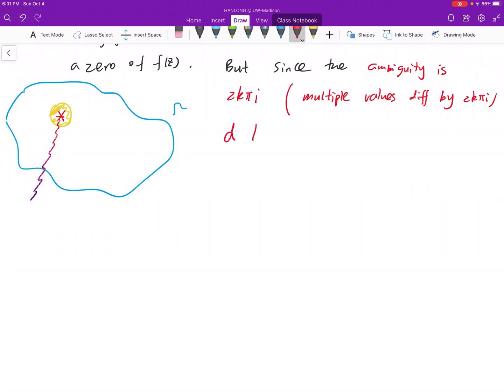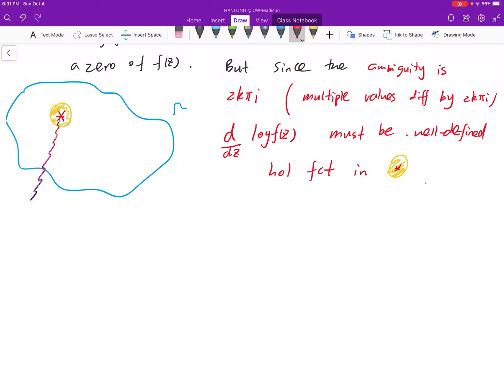So d log f(z), without the computation, must be a well defined holomorphic function in the yellow part. And you can see the difference between the log function and the power function.